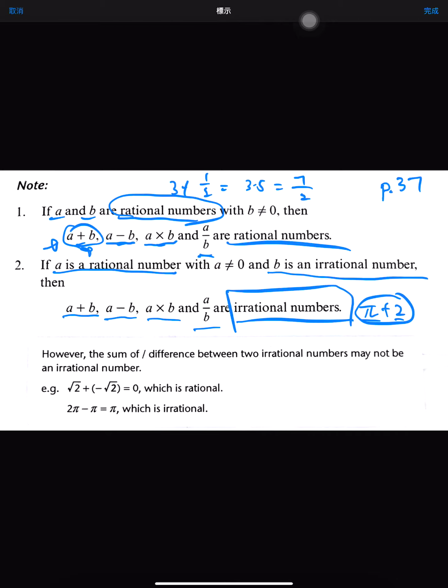But be careful, a must not be 0, because 0 times anything will become 0, right? 0 times square root 3 will also be 0, and then it will become rational. 0 is rational because we know that 0 can be expressed as 0 over 1, right?